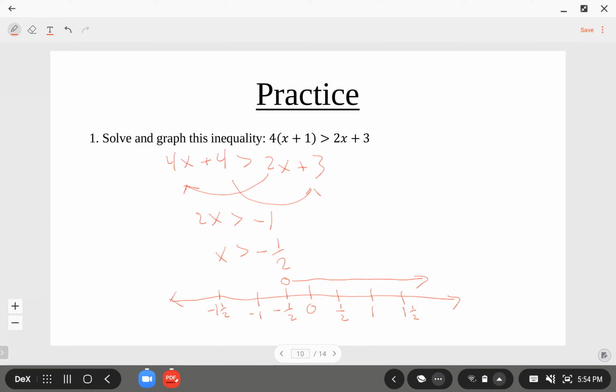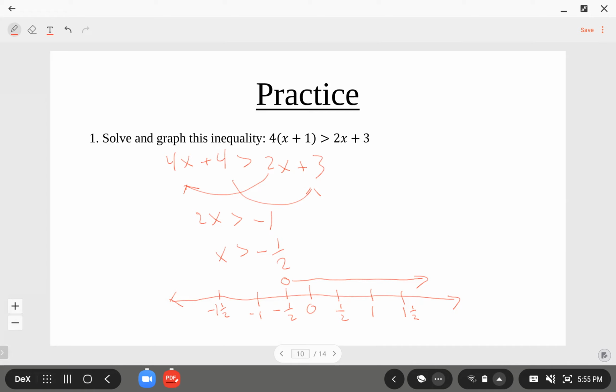Our arrow should go to the right-hand side, because it has to be greater than negative 1/2, right? On a number line, the right side will be greater than the left side. And here's a little trick to help you out.